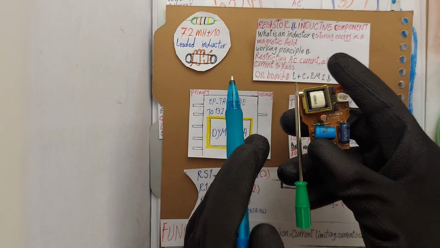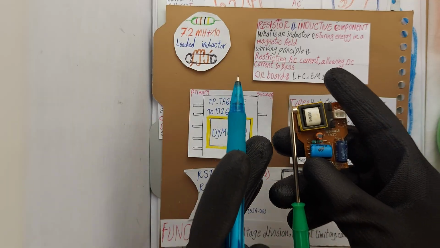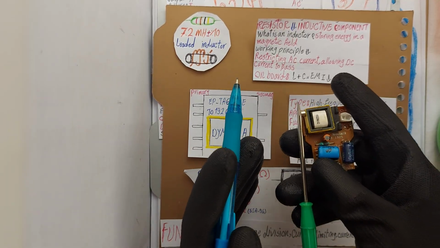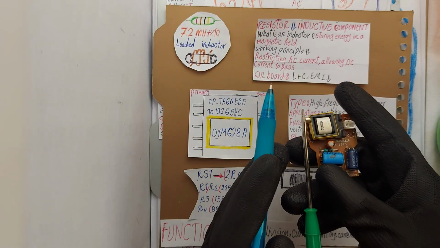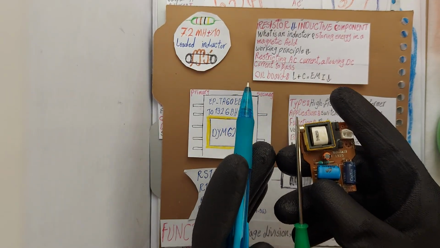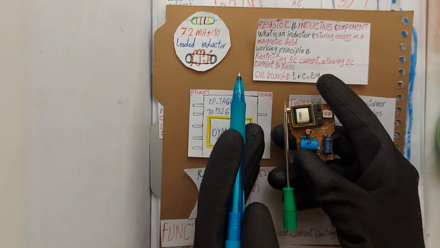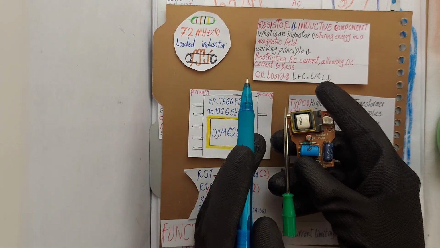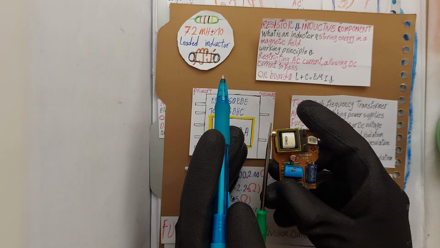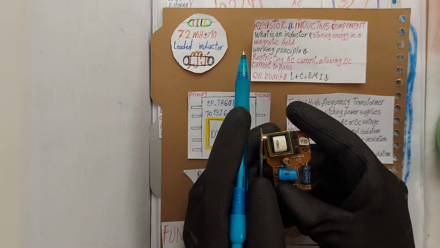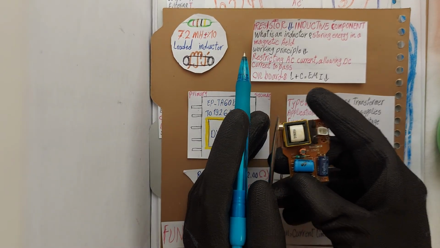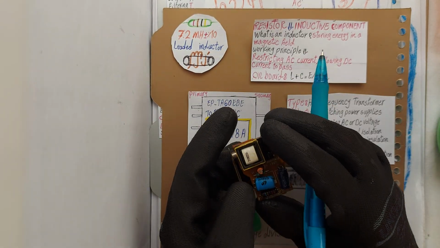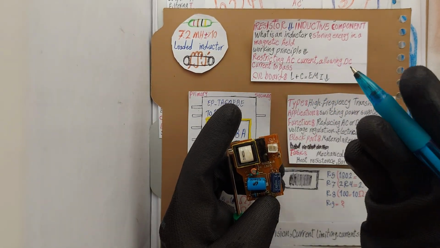It's typically used to filter differential noise, which is noise that creates a difference between two lines, for example, phase and neutral. The inductor is placed in series with one of the lines to reduce high frequency noise. Ohmic resistance. Inductors are primarily known as inductive elements, and their ohmic resistance is usually low, a few ohms or less, depending on the design and coil material.